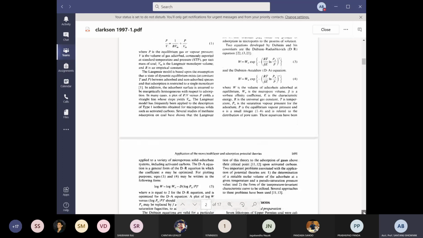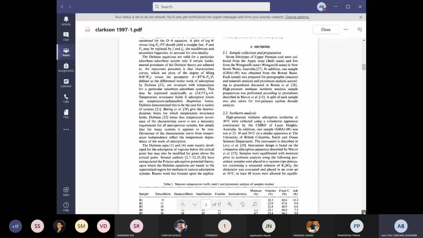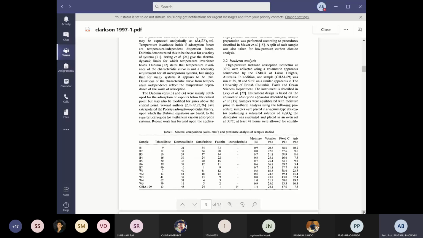Later, what they have done, they have taken samples, okay, a total of 13 samples from different coal mines. These are the coal samples, and they are done under high pressure methane adsorption analysis, based on powder samples. The different information about these samples can be shared here.